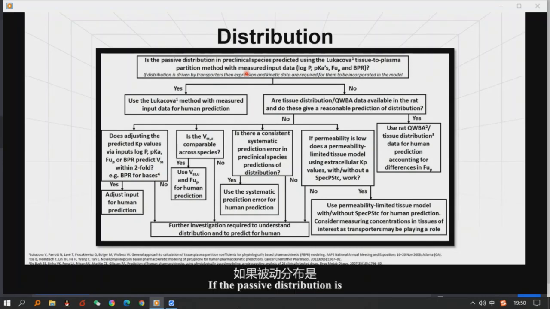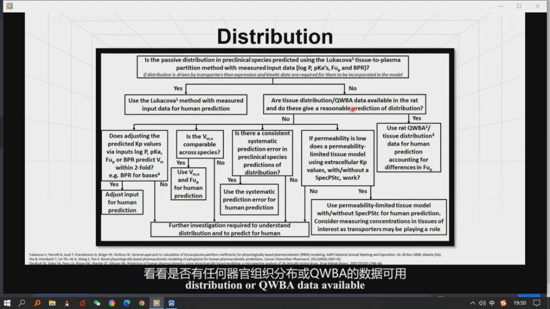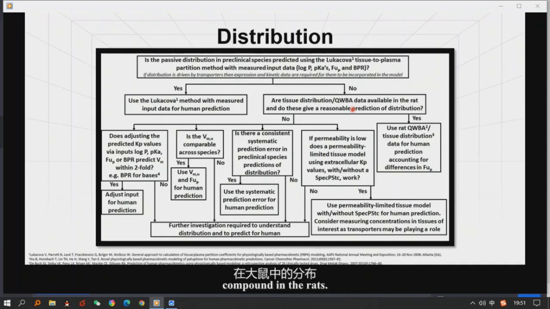So if the passive distribution is predicted in the preclinical species using the Lukacova equation, so if we go down here and it's yes, you could then use that method to predict for humans. If the answer is no, then you would look to your project team to see if there are any tissue distribution or QWBA data available, more than likely in the rat, to help model the distribution of the compound in the rat.